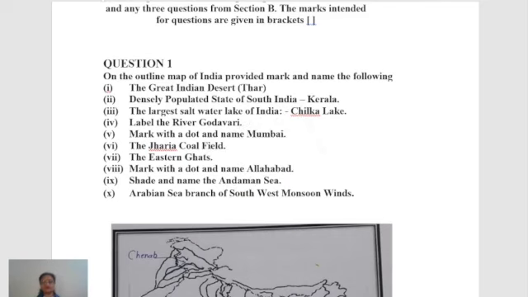So as we can see in the first question of the sample paper, again here the first question is on the outline map of India provided, mark and name the following.